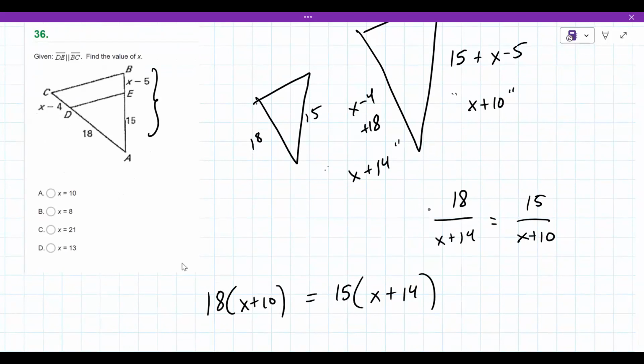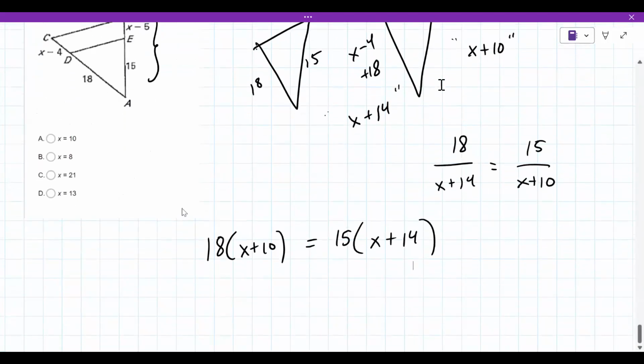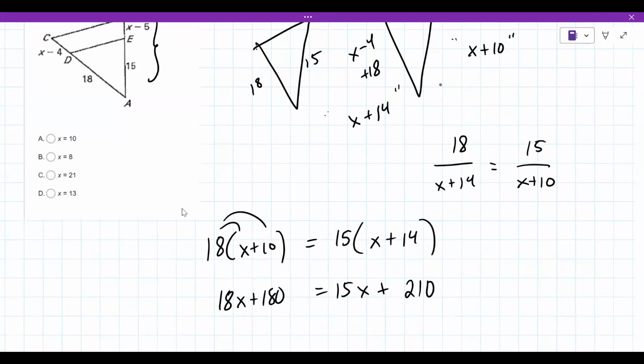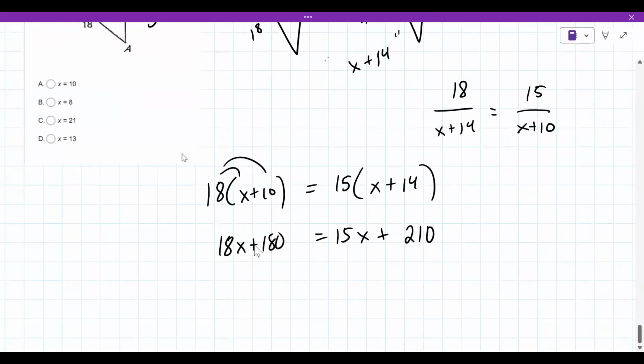So then that would be 18x plus 180 and then 15x plus 210. You have to multiply both of them. And then I would do the 18x plus 180 equals 15x plus 210, subtract them, all that stuff. Yes, just like you've been doing, you'll end up finding that x equals 10, it looks like.